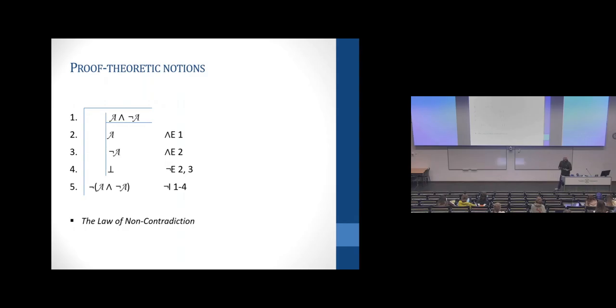But again, if I give you a sentence and ask you to show me that it's a theorem, you should be able to construct a proof for that sentence, starting with nothing at all. We'll do an example of this in the second half. But again, do we see the broad idea?